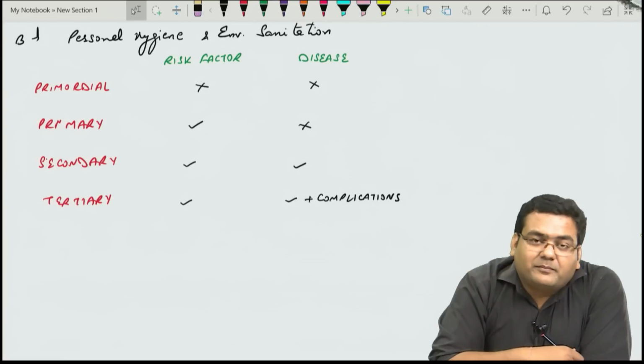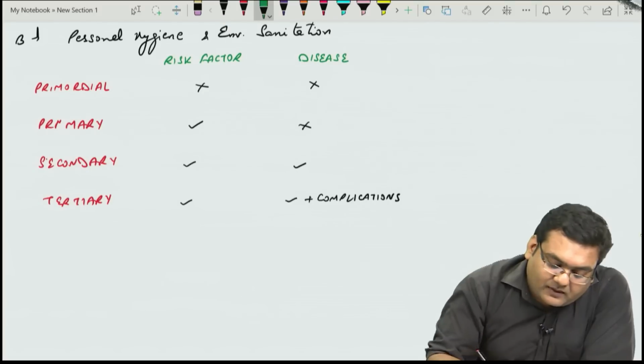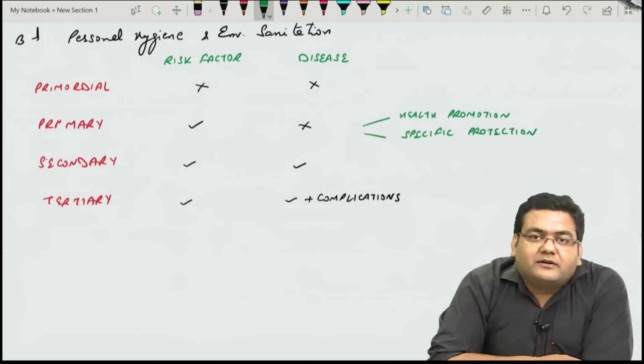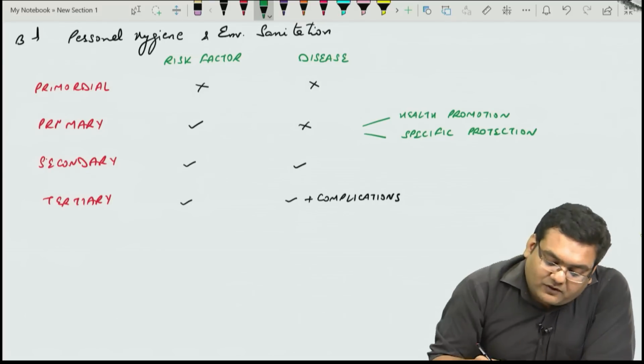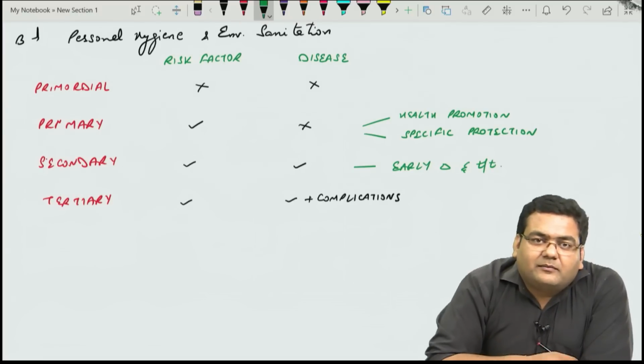But when we talk about primary prevention, we talk about health promotion and specific protection. When we talk about secondary, we talk about early diagnosis and treatment.